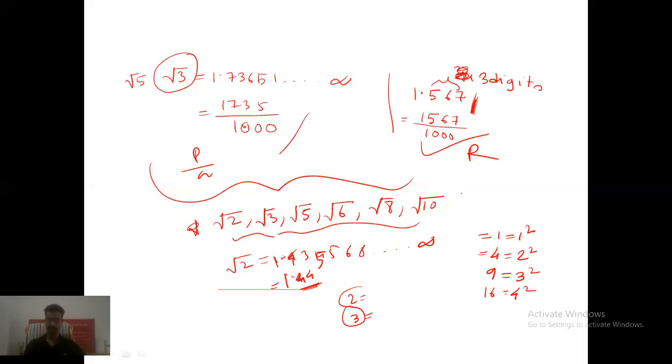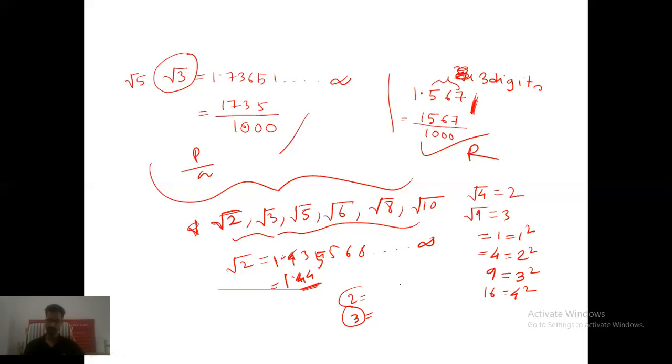And when the square root of a non-perfect square is given, it will be an irrational number. Why? It will not terminate at a fixed decimal place. But when you write the square root of 4, it will be 2. The square root of 9 will be 3.